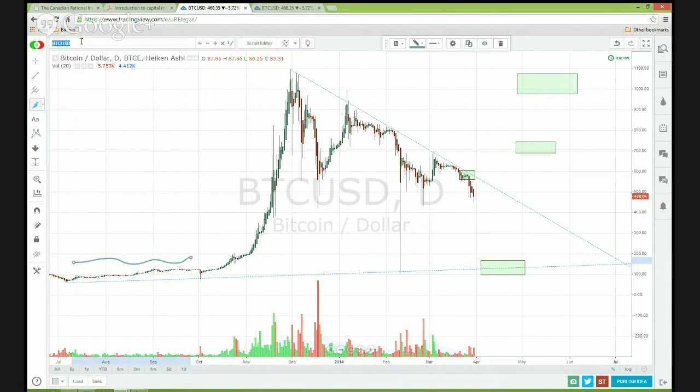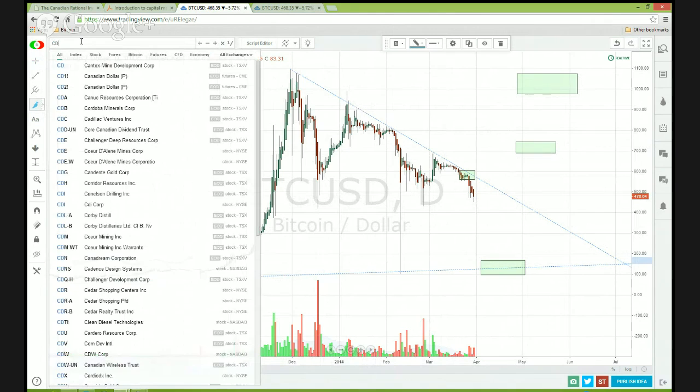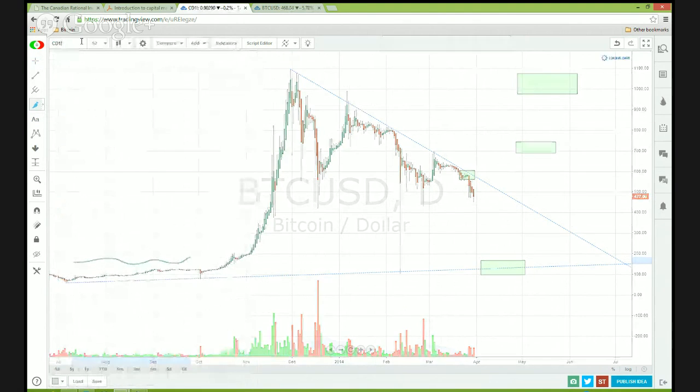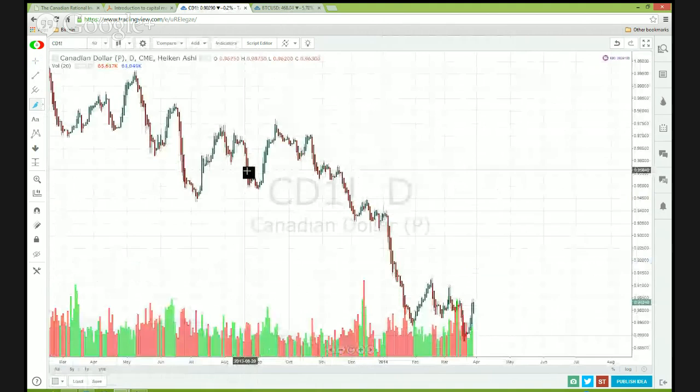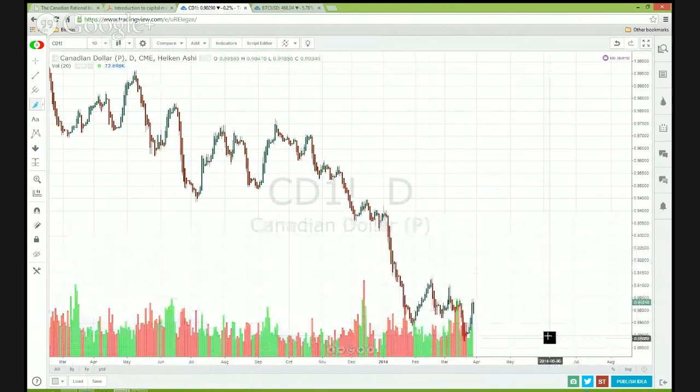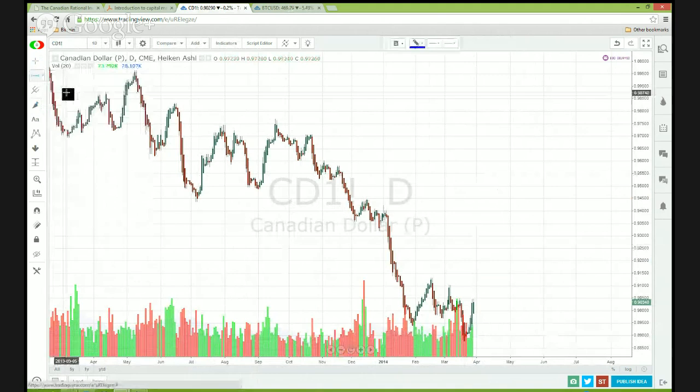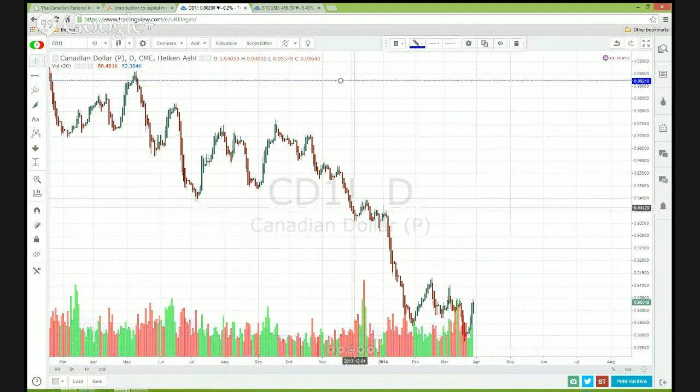So if we look at a major currency unit, like I'll just pull up the Canadian dollar, for example, you see that the trading range it's in is relatively calm, right? This is 99, and this is 89.